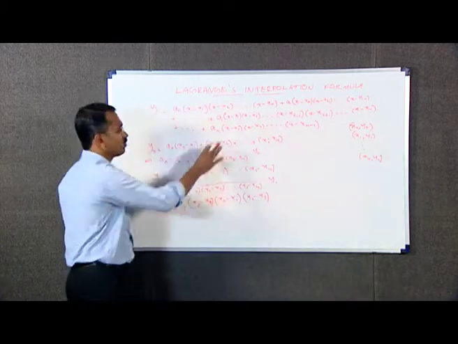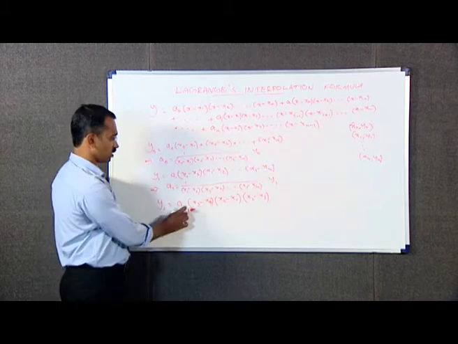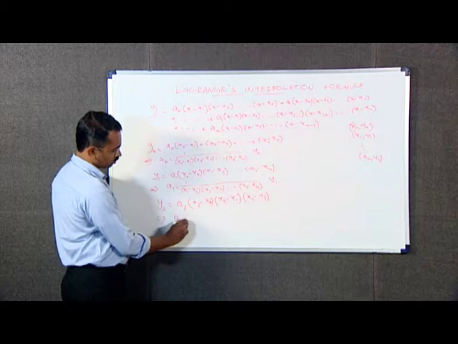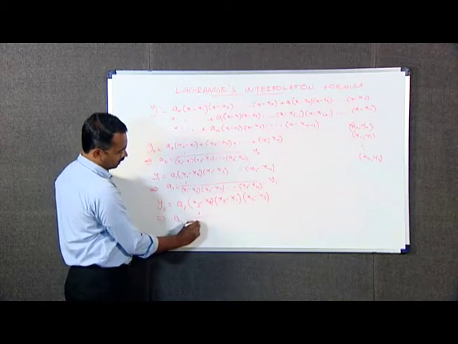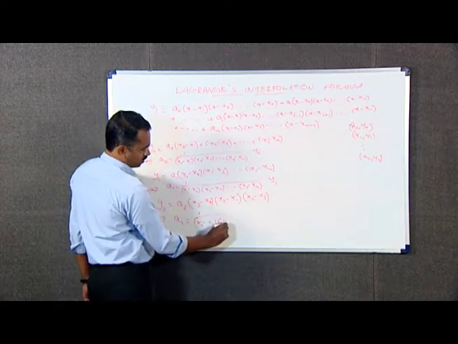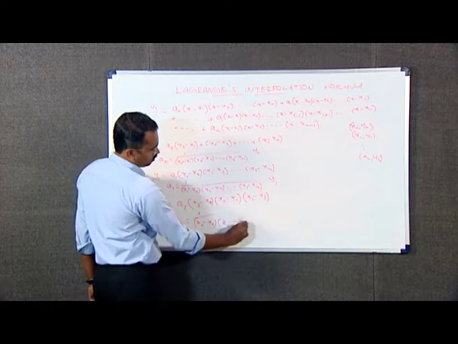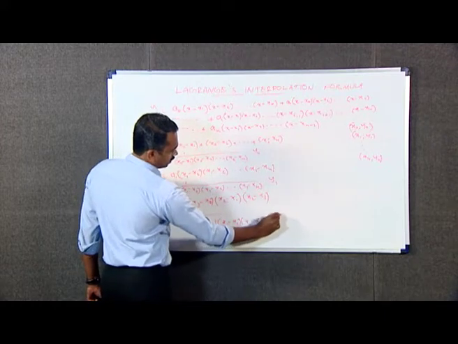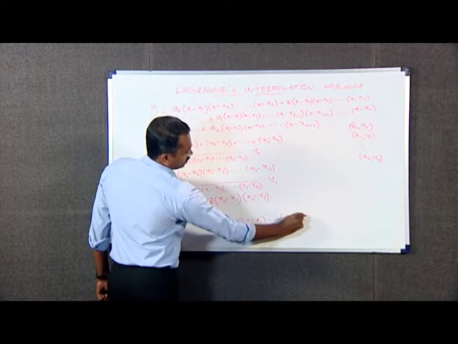All the other terms will become 0, therefore y2 is equal to this. This gives a2 is equal to 1 divided by (x2 minus x0) into (x2 minus x1) into (x2 minus x3) into etc. into (x2 minus xn).